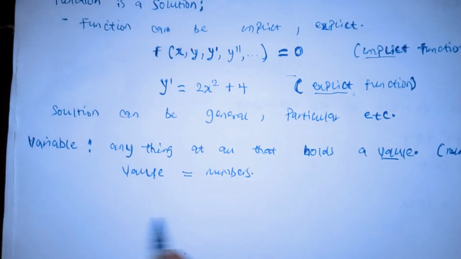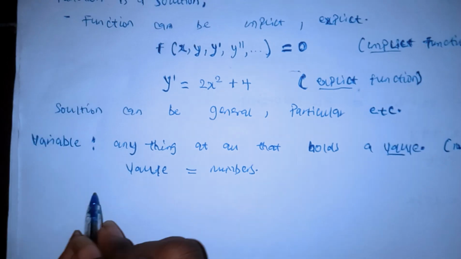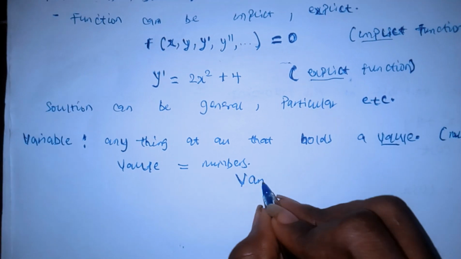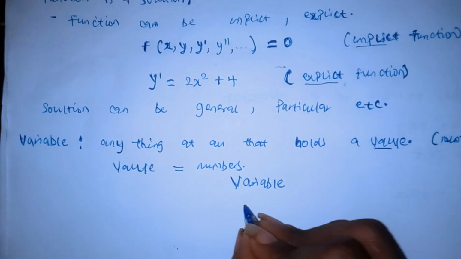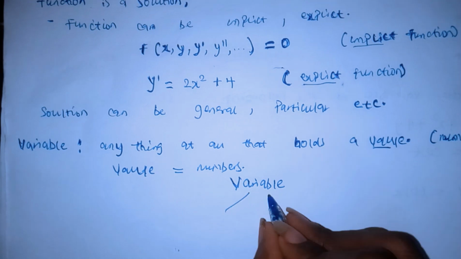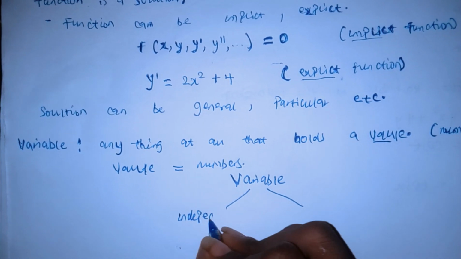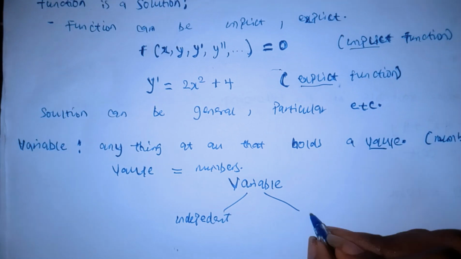Okay, so in differential equation we have two types of variables, which I will explain with a question. Two types of variables: independent variable and dependent variable.